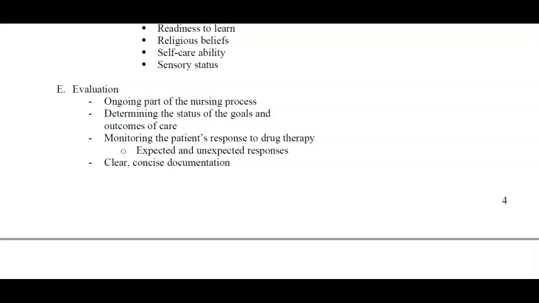That's not enough. It needs to be more clear and more accurate. So you want to state after medication administration, when evaluated patient's response, then you want to say patient states that the pain level is now a 5 out of 10 compared to a 10 out of 10 earlier before the medication administration.